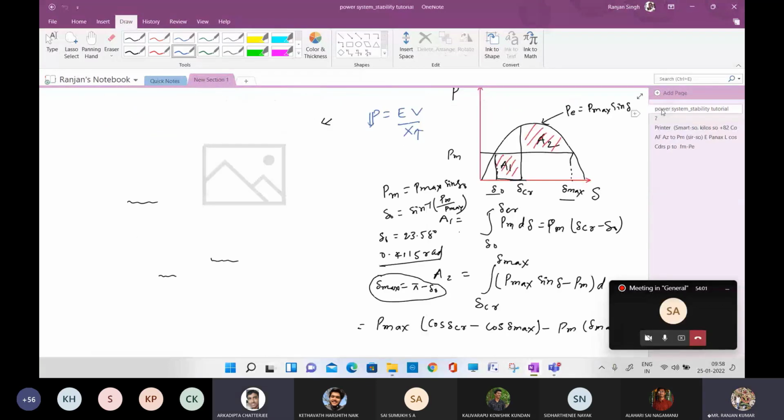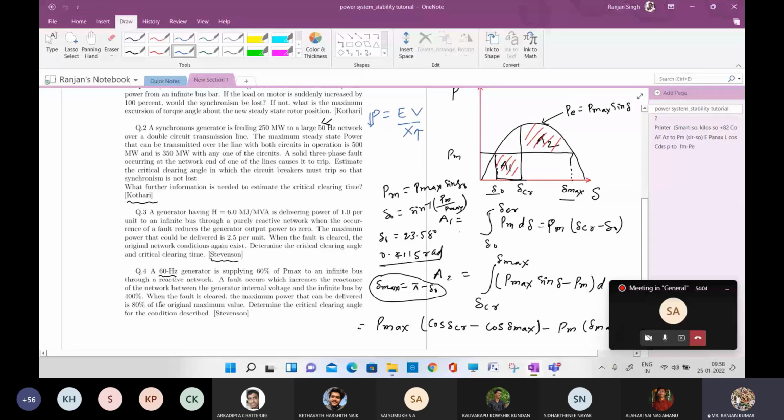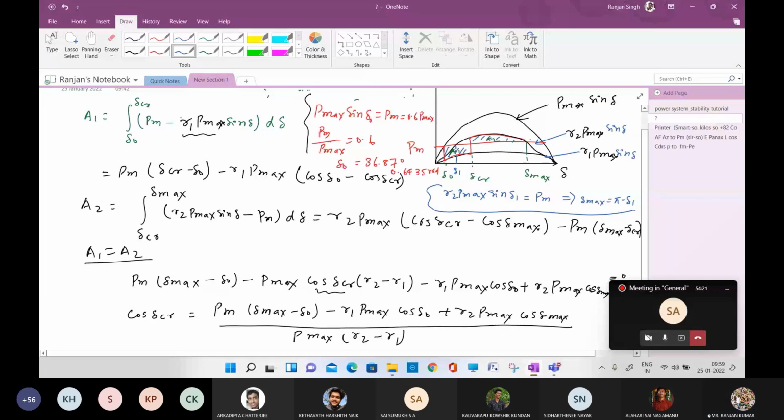So you see, in the last equation it is saying when the fault is cleared, the maximum power that can be delivered is 80% of the original value. 80% is 0.8 P max. Then R2 is equal to 0.8 because 0.8 P max.